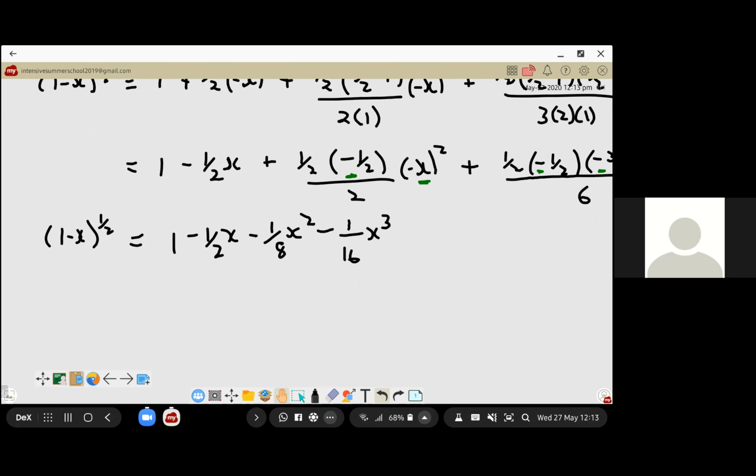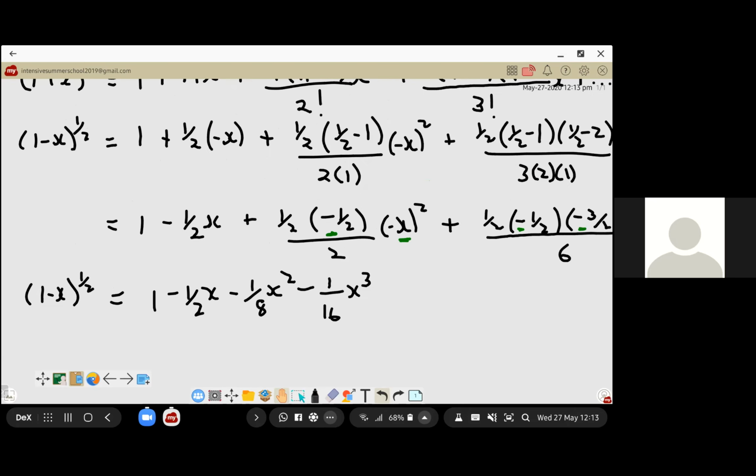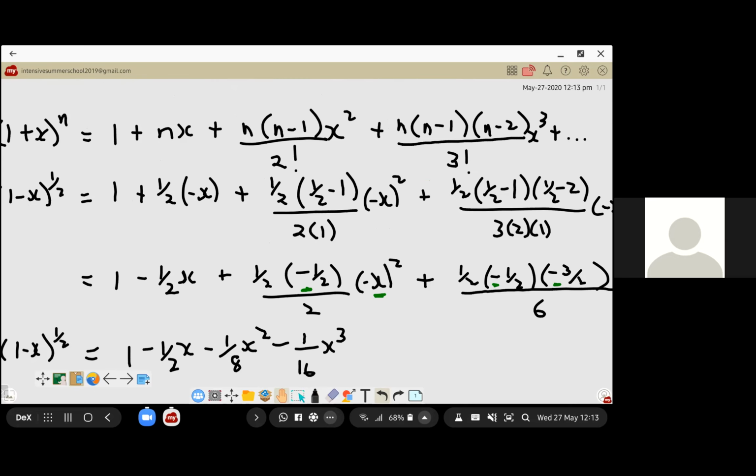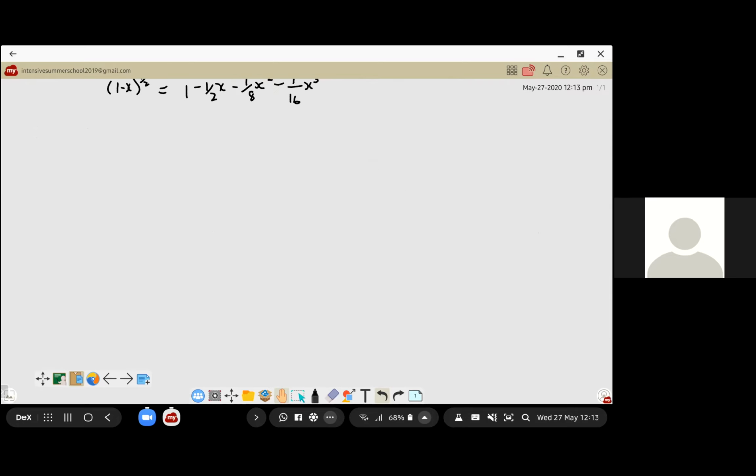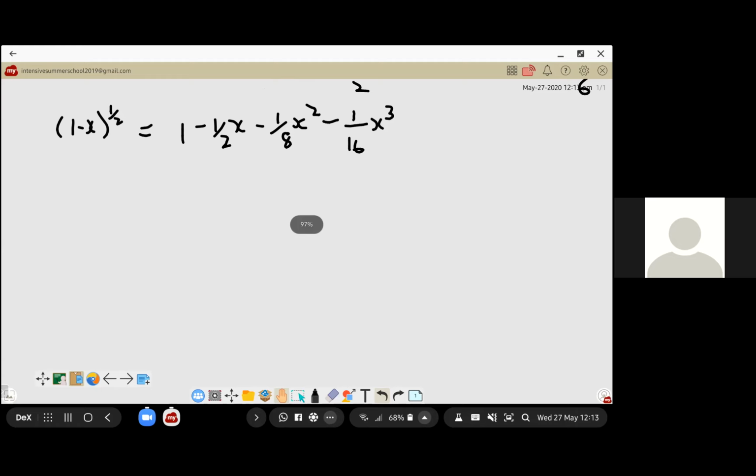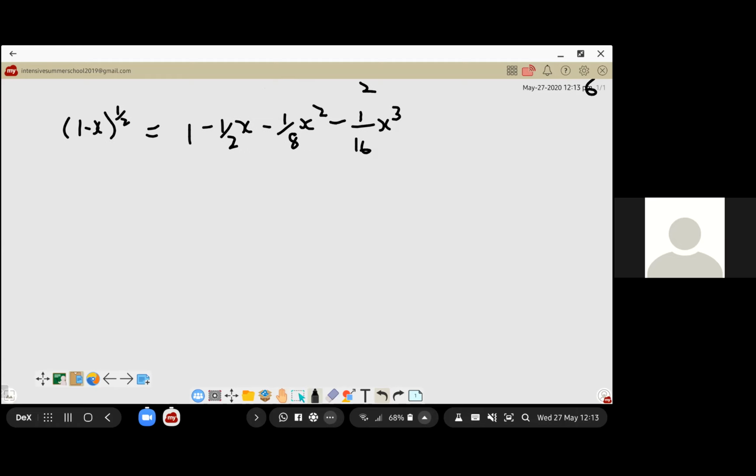Okay, so let me make it like this for us to see. So now we'll come and do the 1 plus x raised to the power negative half.